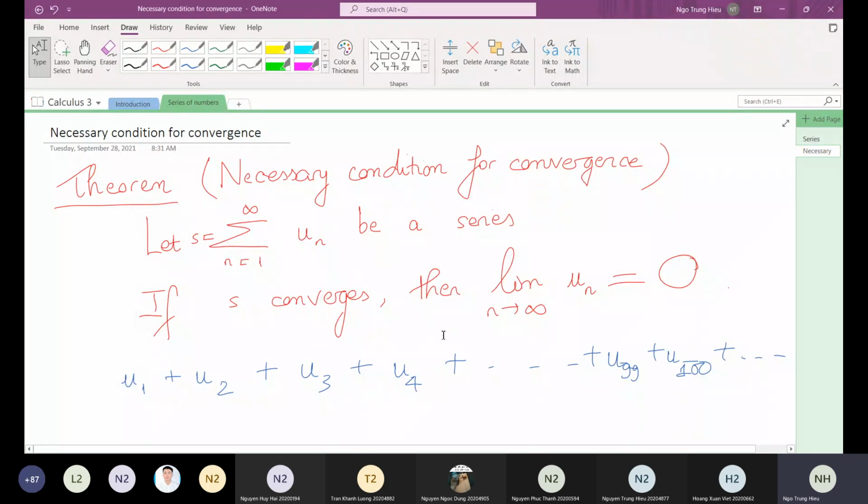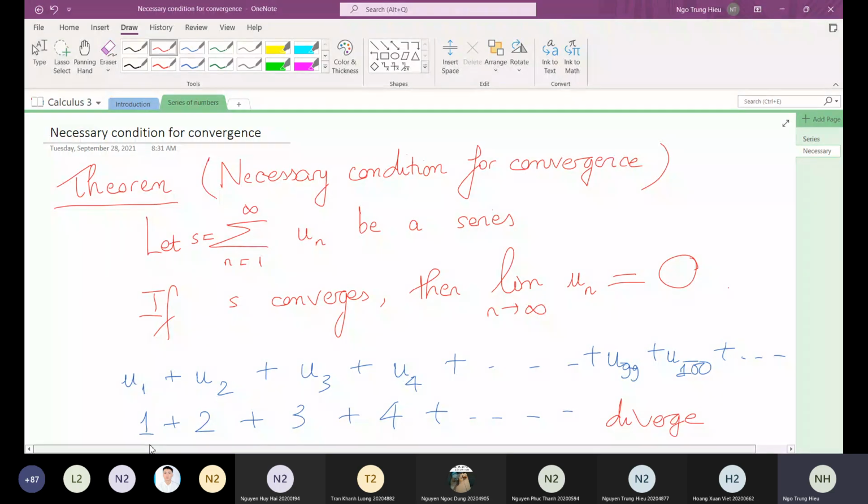So if you have something like 1 plus 2 plus 3 plus 4 and so on, this series cannot converge because the individual terms are going to infinity. So this series has to diverge because the individual terms do not go to zero. It violates this necessary condition.